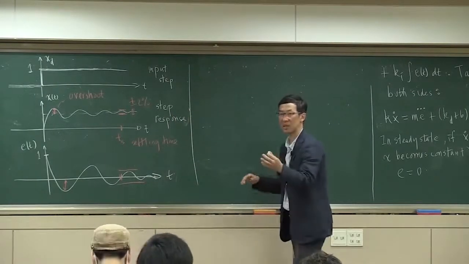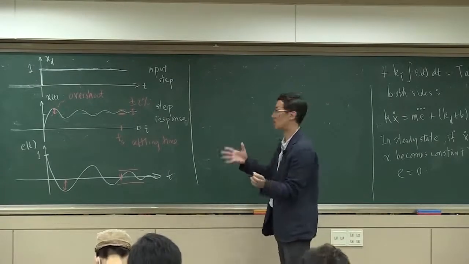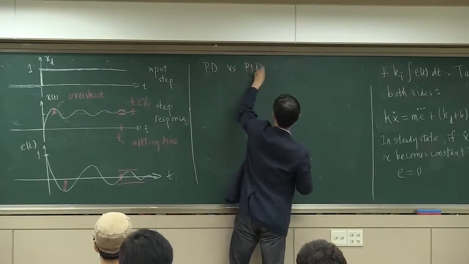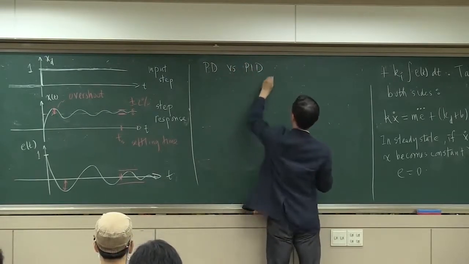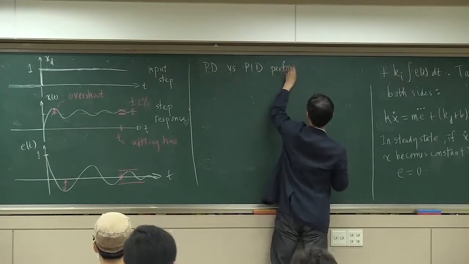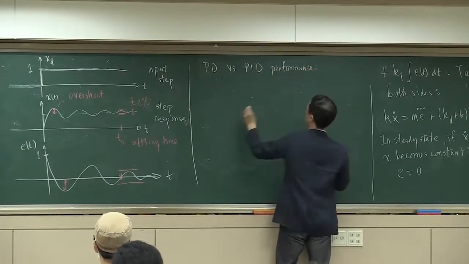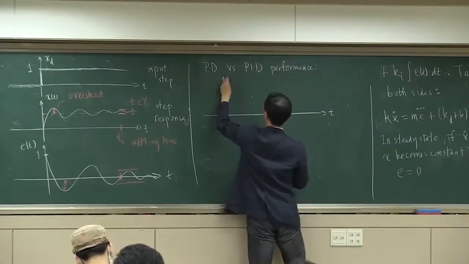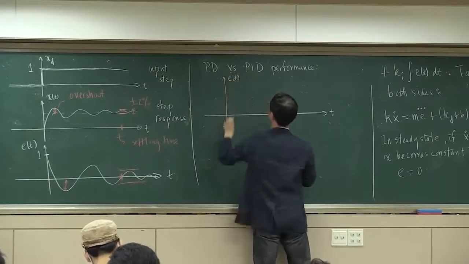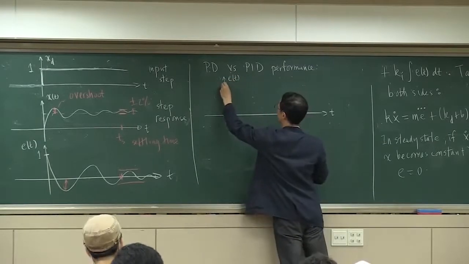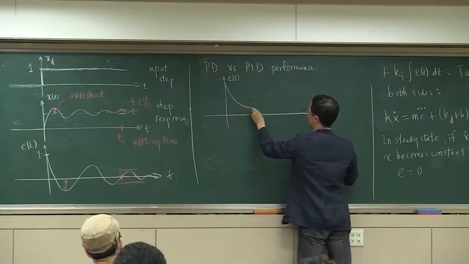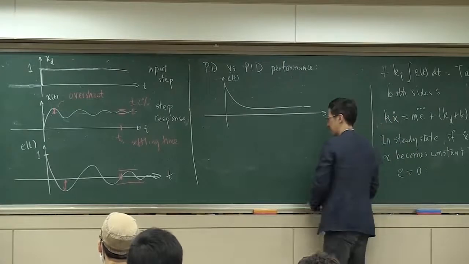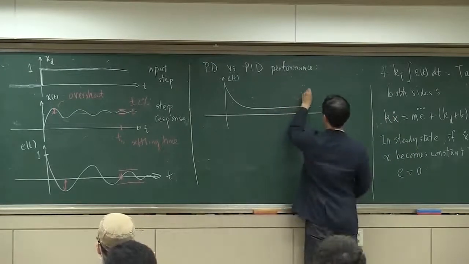Now, if you use a PD control versus a PID control, let me give you a general graphic illustration. Let's plot the error. If you use a PD control, it'll go down, but you'll get stuck at some steady state error. It's not 0. This is what happens if you use PD.